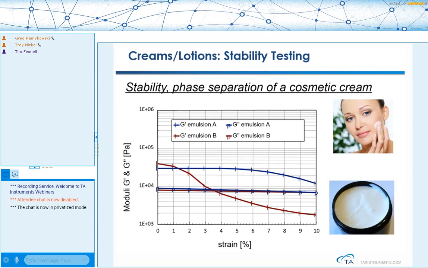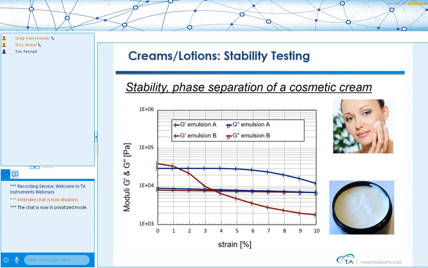Let's talk a little bit about lotions now. One of the things that we're concerned about is the stability of these materials. And one way we can get that information is to perform a dynamic strain sweep.